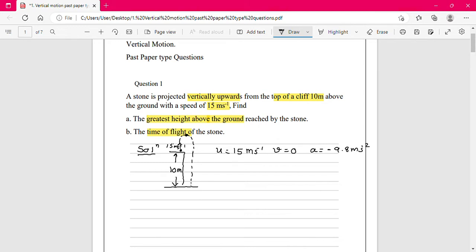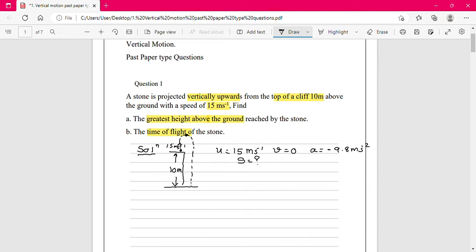You want to find out the greatest height. That means you want to find out S. So, which is the best suited equation to solve this, which gives the relationship between U, V, A and S? Keep it in mind that we don't have T here.